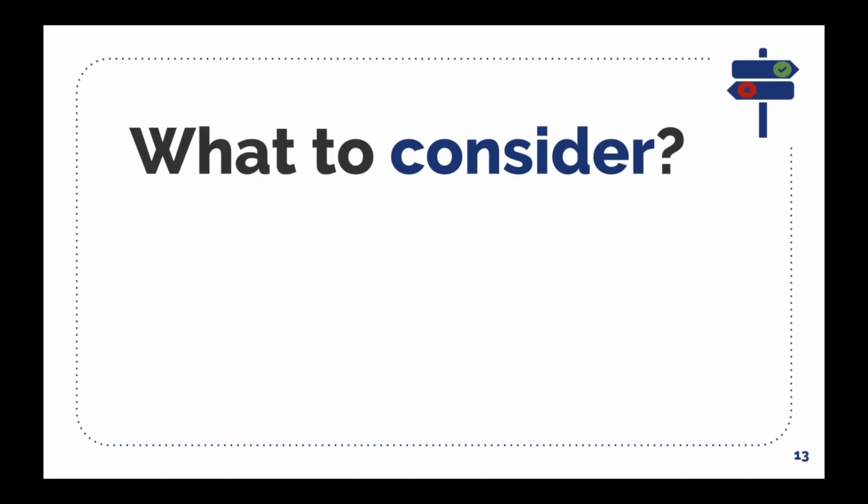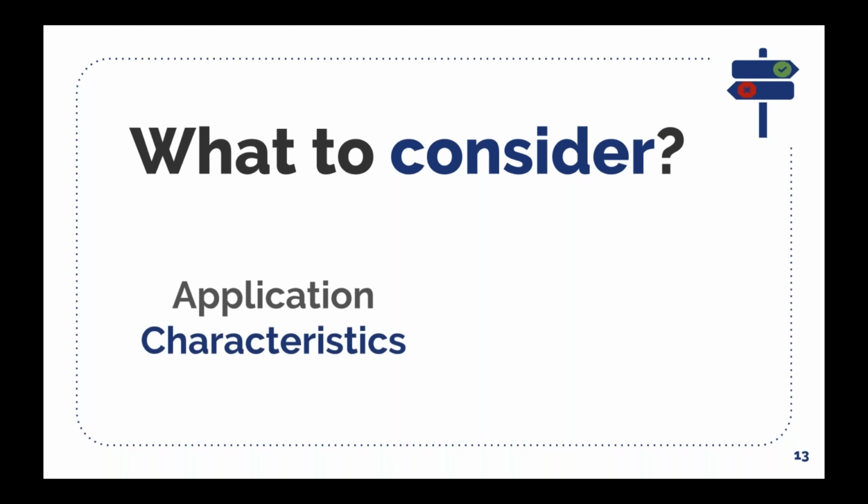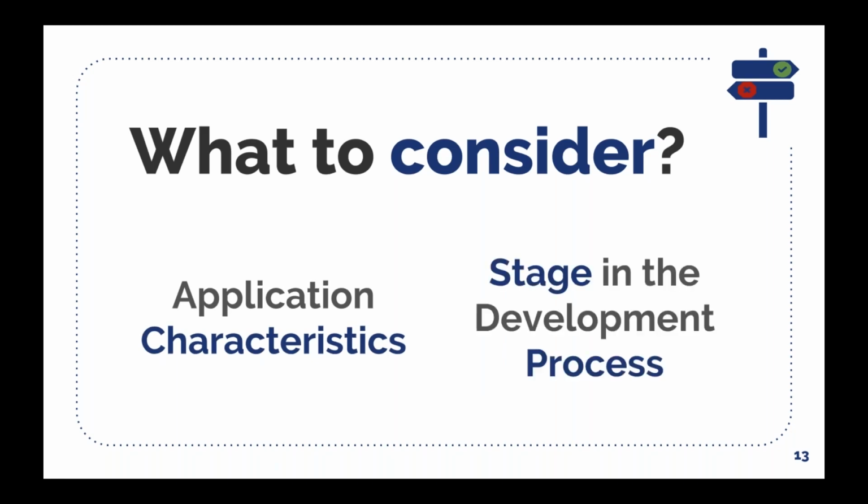So we started to approach the problem by taking one step back. We were thinking, what variables should we consider to decide what each step of testing should be? One was the application characteristics, and the second one was the stage in the development process.